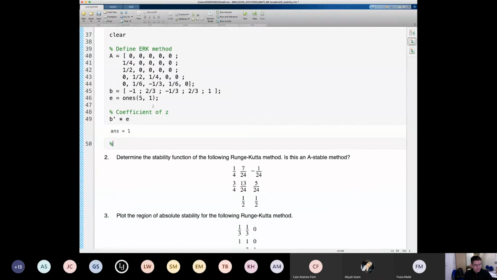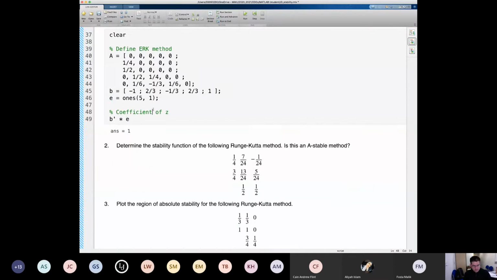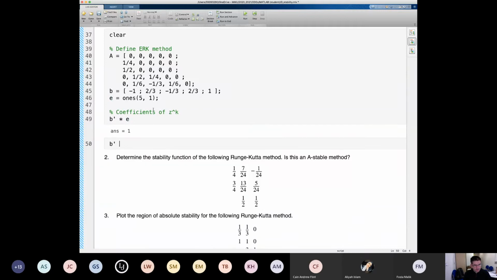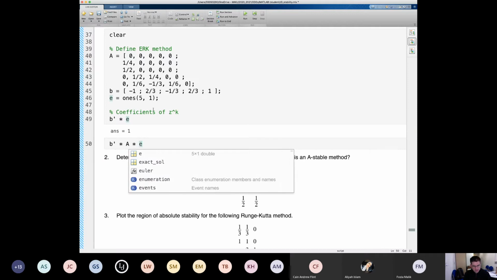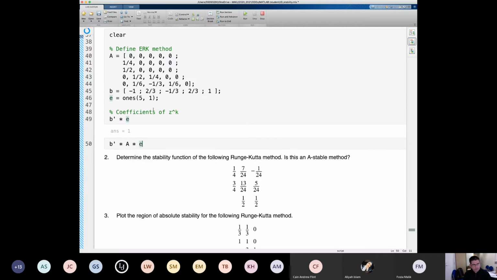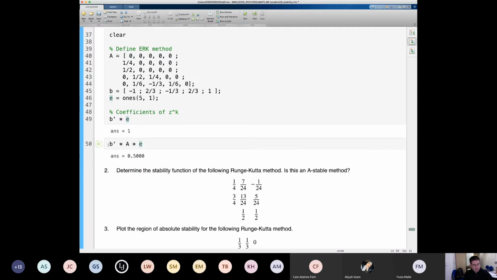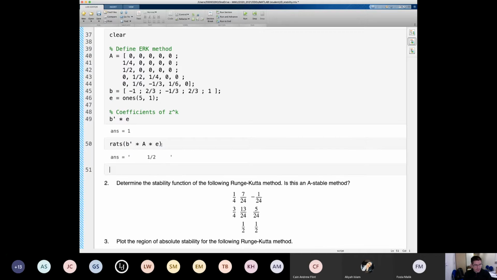I'll list them: coefficient of z to the power k. That's the coefficient of z. The coefficient of z squared is B times A times E. If I run that, it gives me 0.5, but I'm going to convert that to a fraction by using the rats command. There you go, it's a half.